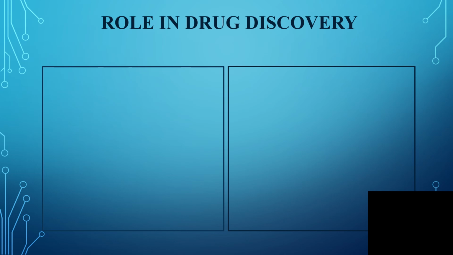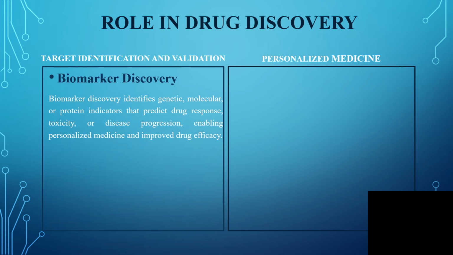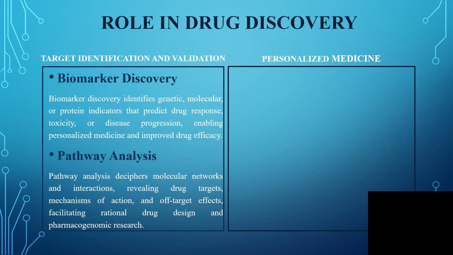Pharmacogenomics has a transformative role in drug discovery, particularly in two areas: drug target identification and validation, and personalized medicine. Biomarker discovery, for example, the discovery of the HER2 protein as a biomarker in breast cancer, has led to the development of targeted therapies like Herceptin, which significantly improves patient outcomes. Pathway analysis has been used to study the mechanism of Alzheimer's disease, helping to identify potential drug targets like amyloid beta proteins.